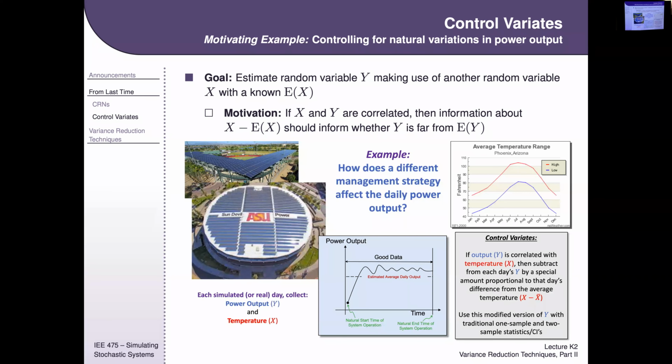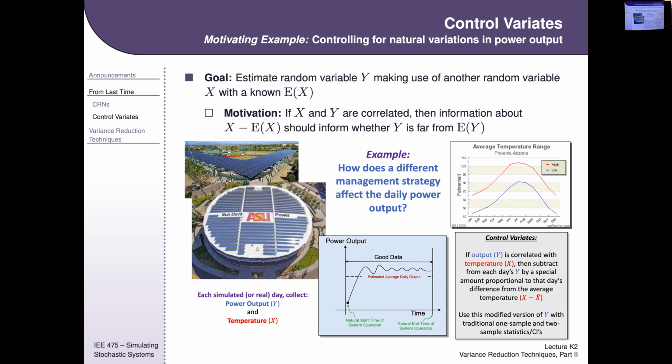So let's get a better idea. I'm just trying to summarize this here too. If my output is correlated with temperature, then my idea here is that I'm going to subtract from each day's output a special amount proportional to that day's difference from its average temperature. In other words, if I know this is a particularly hot day, then I'm going to assume that it's going to be a particularly power output favorable day. And I'll be able to then subtract off the variance due to the temperature so that all that's remaining is the variance due to the change in my operation strategy.